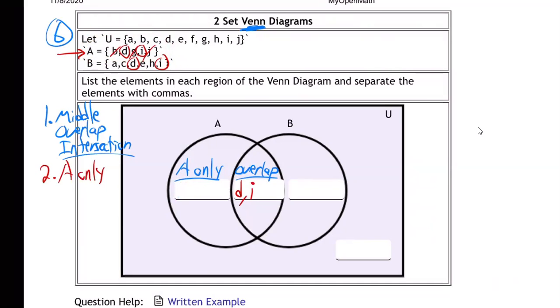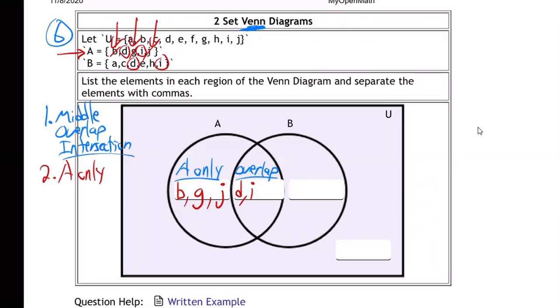Because those are the ones that are just in A. B, G, and J. Those 3 are only in A. They're not in B. See, the 2 that are also in B are D and I, aren't they?